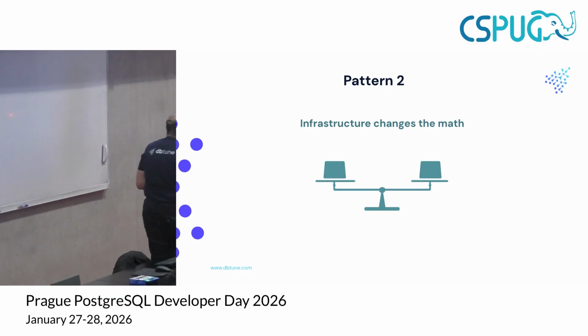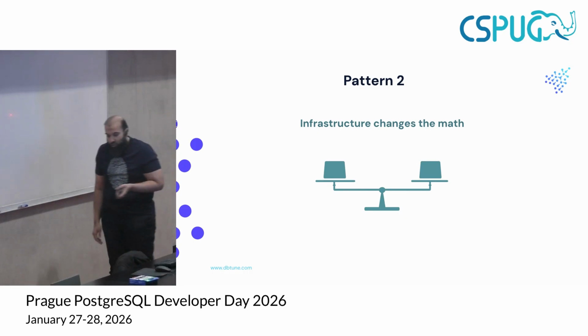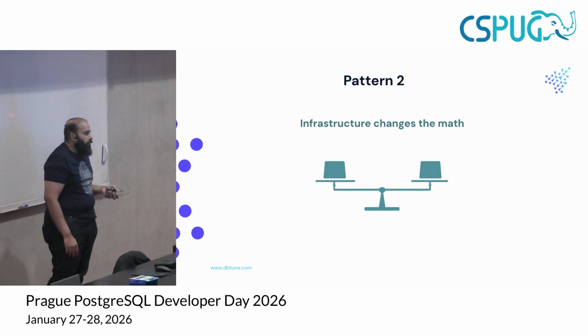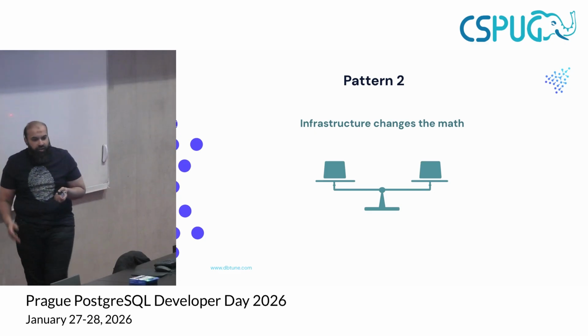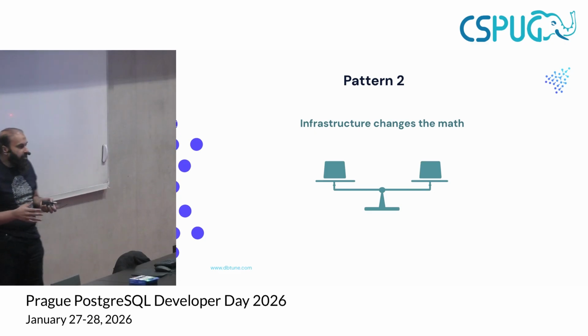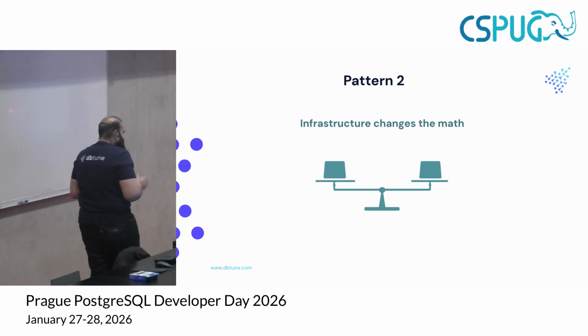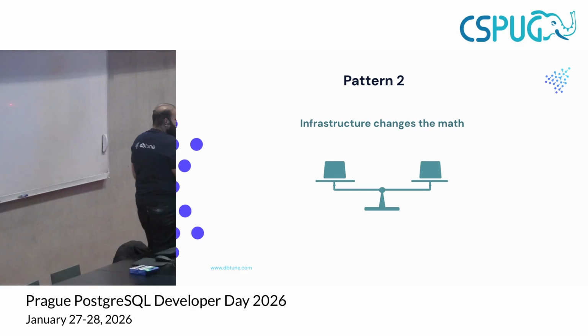So in pattern one, we discussed how managed services often change defaults. In pattern two, we are going to discuss how infrastructure changes math. That is basically what Postgres does: the optimizer makes its decision based on simple math. When infrastructure differs, the planner decision changes.